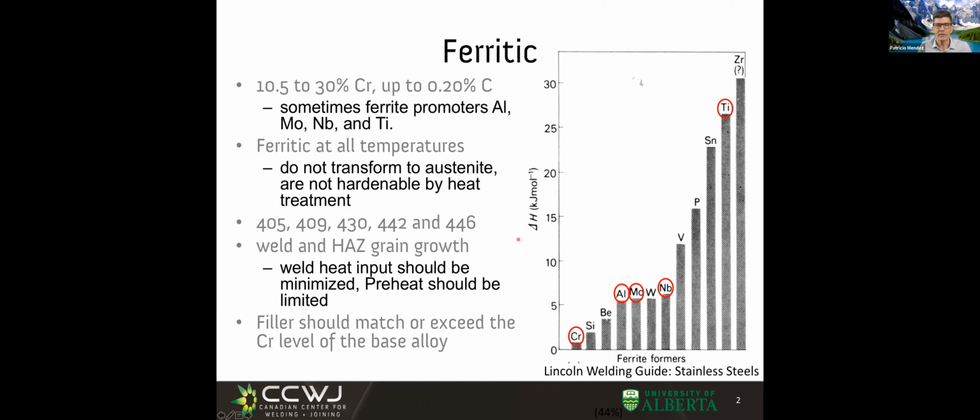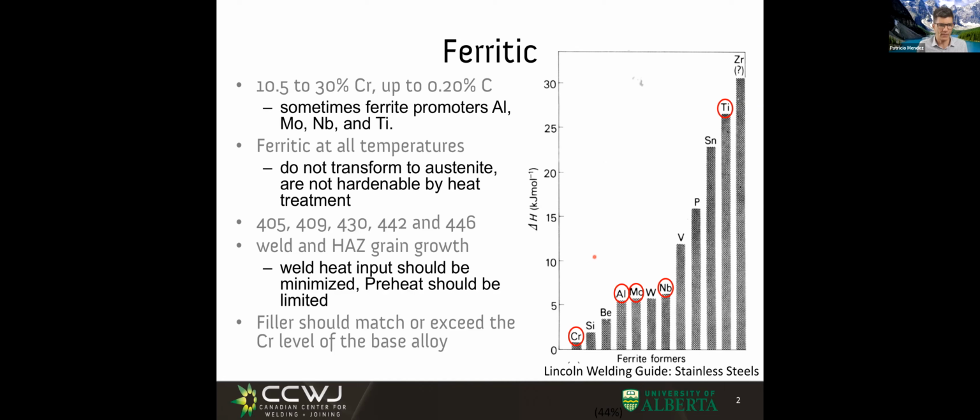And what is the one problem of ferritic stainless steels, as well as aluminum and nickel and most other alloys that don't have a difference between a cold phase and a hot phase? They don't have this allotropy. The problem is coarsening, because right next to the weld pool you have this high temperature, and the grains get bigger and bigger and bigger. And when you cool down, they don't transform into anything.